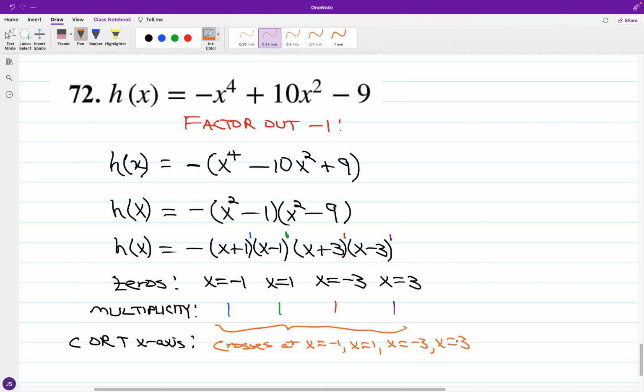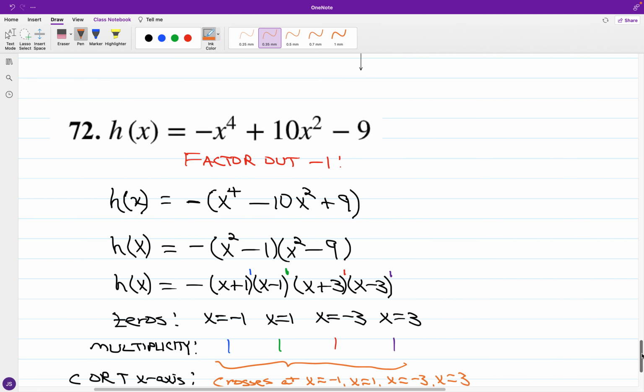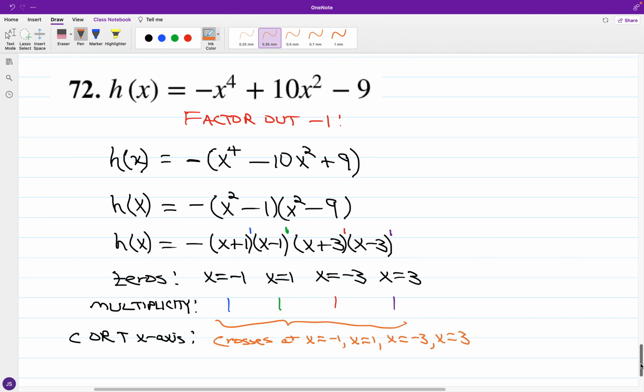So there are no zeros where we have just touching the x-axis. So you have crossing throughout.